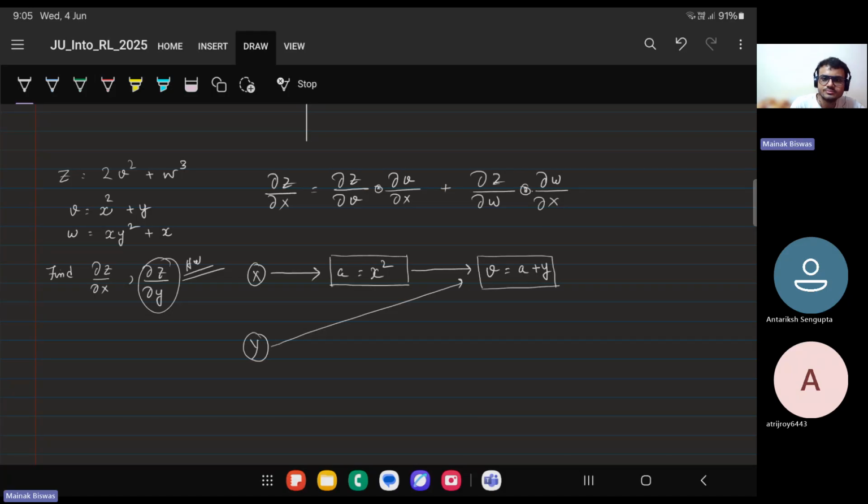This is fine. Yes. So this is equal to x square. This is equal to y. That's why I wrote down the first equation, v equal to x plus x square plus y.